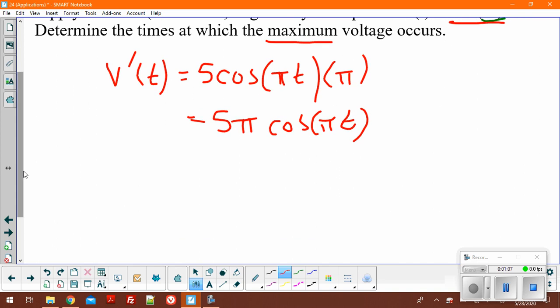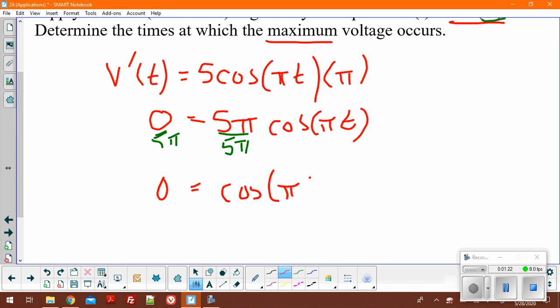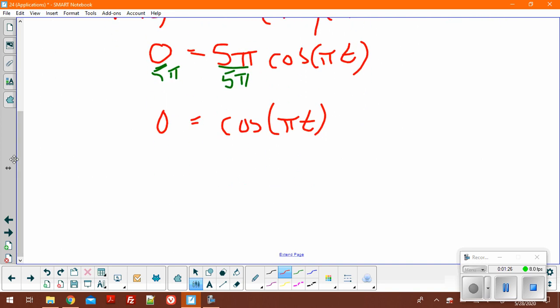I want to know my critical points, so I set that equal to 0. And now I start solving for t. So for instance, we'll divide by 5 pi. So we get 0 equals cosine of pi t. I have to solve, so I do cosine inverse of 0, and it's equal to pi t.